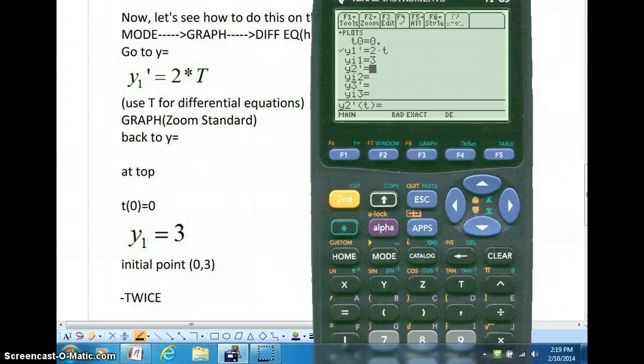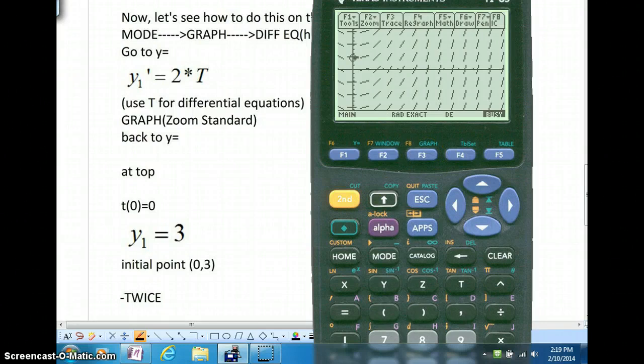Let's see what happens if we graph that. Hit graph, green diamond, F3, and let's see what happens. Not only are you getting your slope field, but the calculator is also going to graph out what the curve would look like with that initial condition put in. So that can be especially helpful.